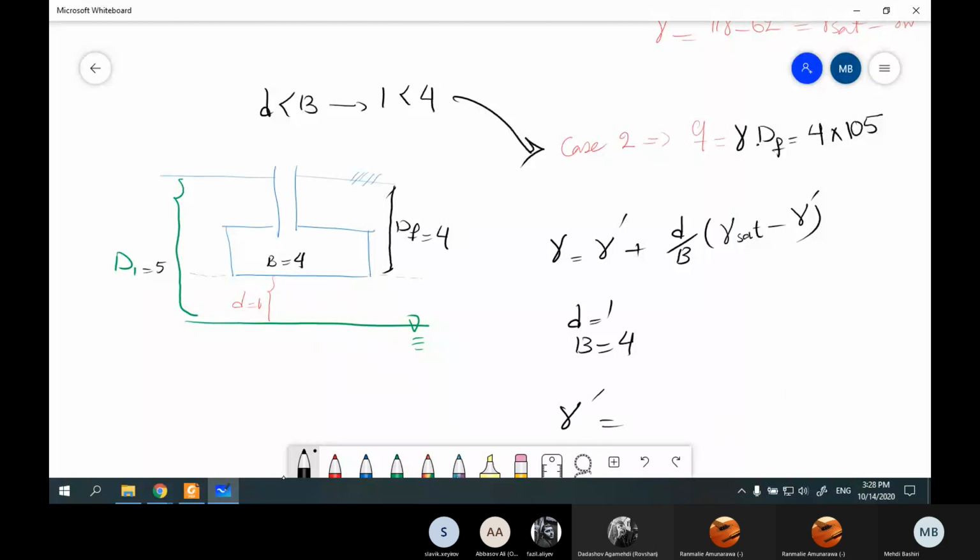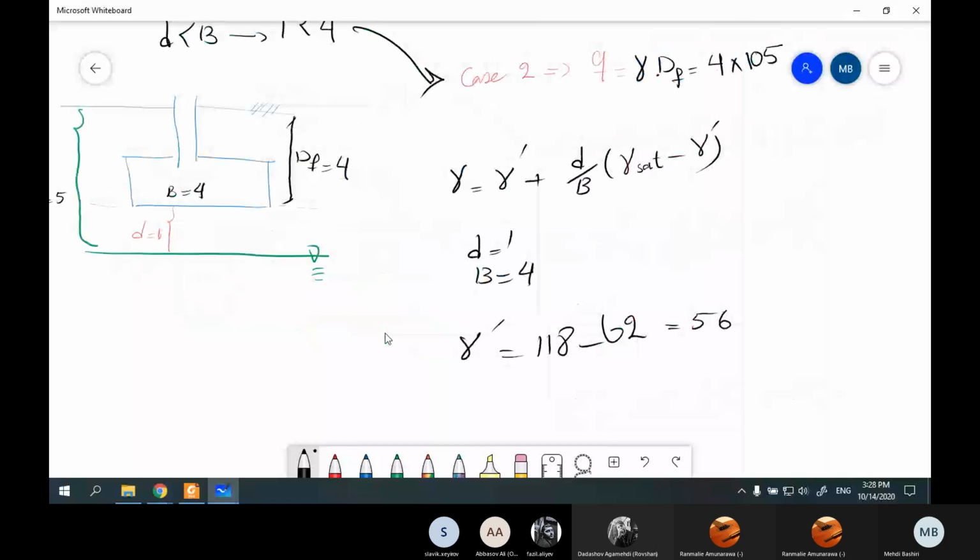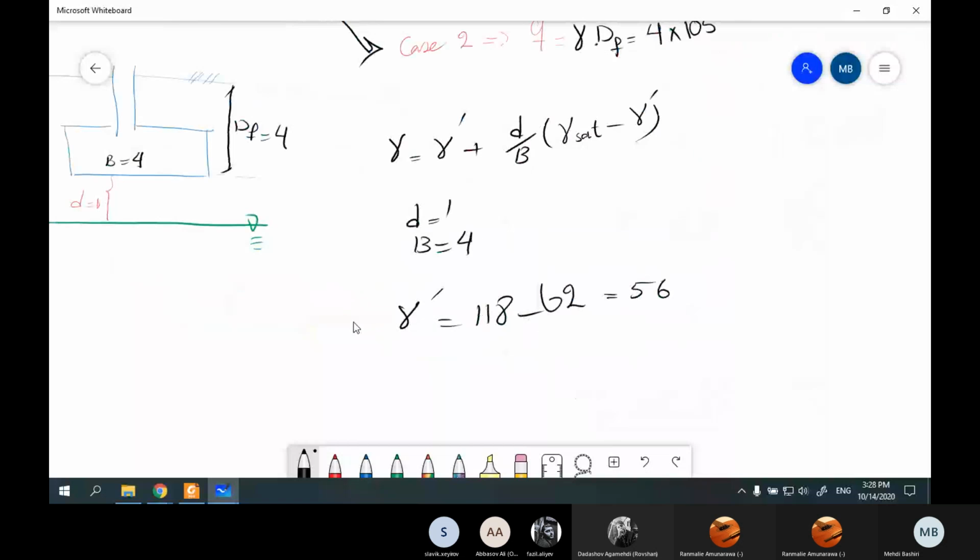Gamma prime is 118 minus 62. It's equal to 56. So based on this equation, gamma is equal to 56 plus 1 over 4 times 118 minus 56.